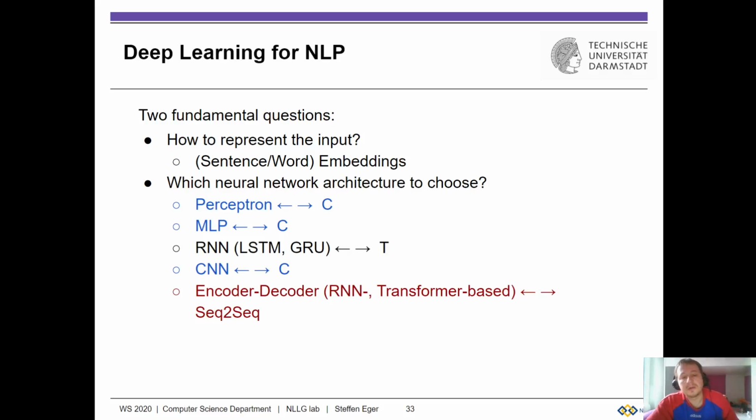Once we're dealing with sequence-to-sequence models such as machine translation, we would use encoder-decoder models, as I will introduce below. Basically, encoder-decoder models consist of two models. One is the encoder and the other one is the decoder. The encoder could be any of those model classes up here. Typically, that could be an RNN or a transformer model.